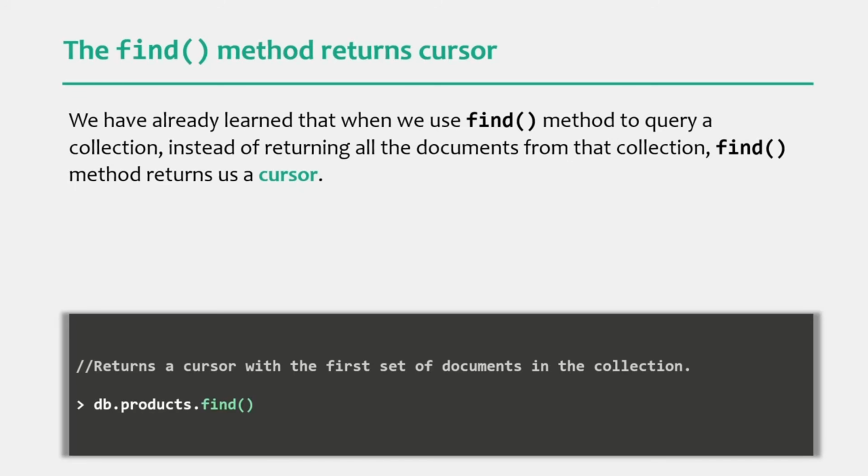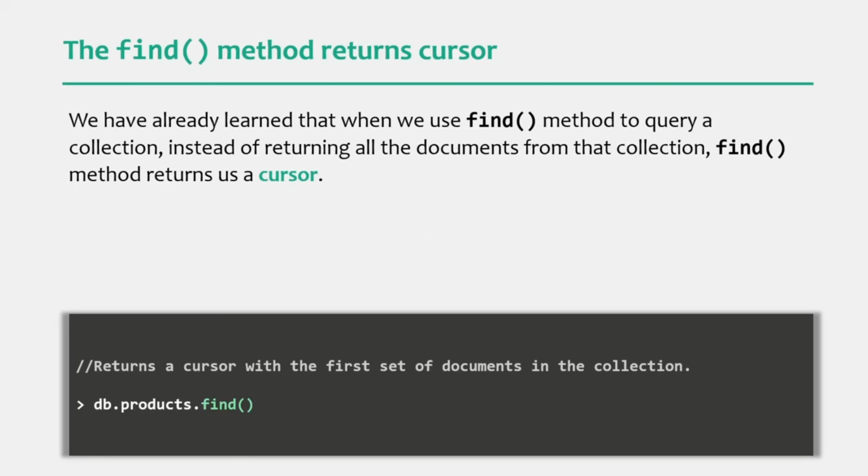So it basically affects the performance of your application. That's why instead of sending all the documents at once, MongoDB sends us a cursor. A cursor points to a specific set of documents in a collection. We have also learned that when working with Mongo shell, a cursor returns 20 documents at a time by default.